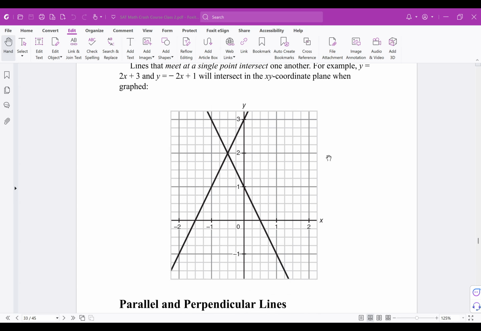Okay, so what does that really mean? This is a straight line, and this is also a straight line. They're intersecting in this point, and they have a particular solution, because the intersection point is their solution.